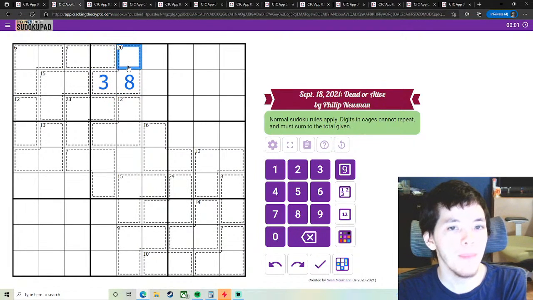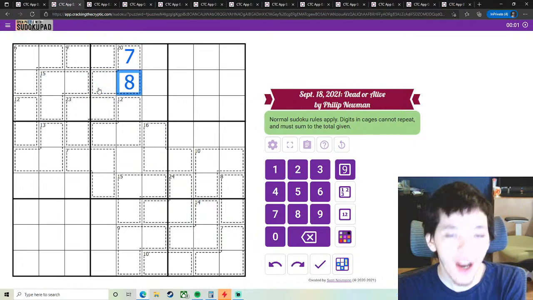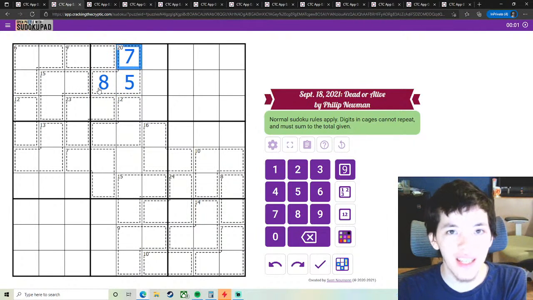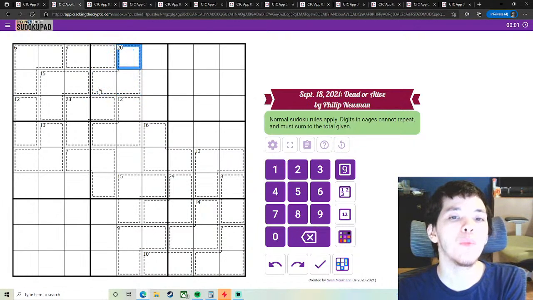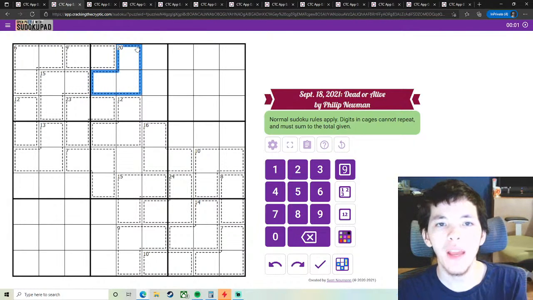I could put 8 and 7. 8 plus 7 equals 15, so now I could put a 5. These can go in different orders. This is still the same combination of 8, 7, and 5, just in a different order. I can put a 5 up here and the 7 there. So it doesn't really matter what order, just in case any of you were wondering that.